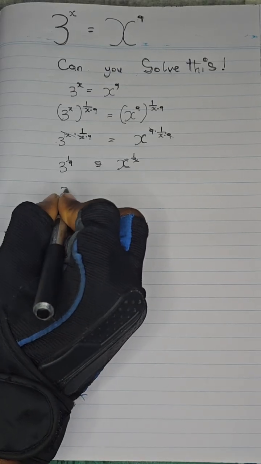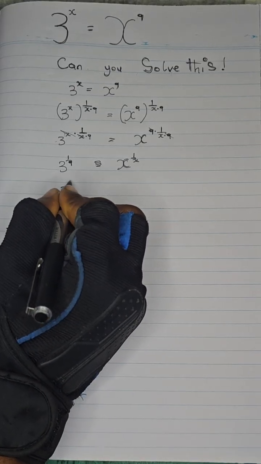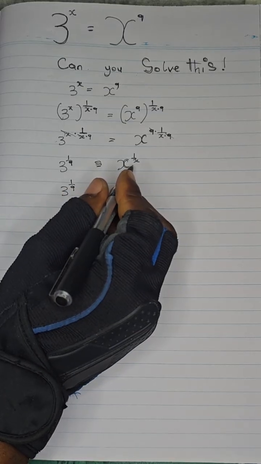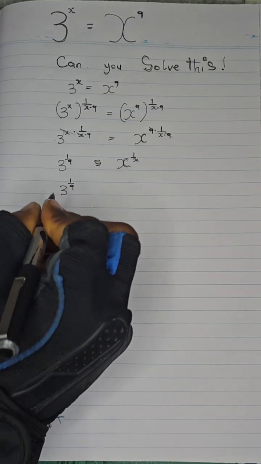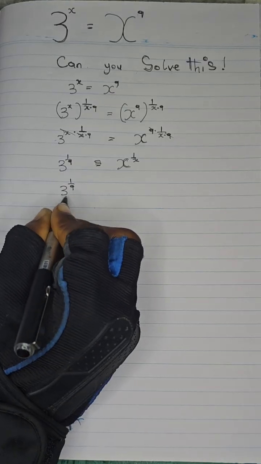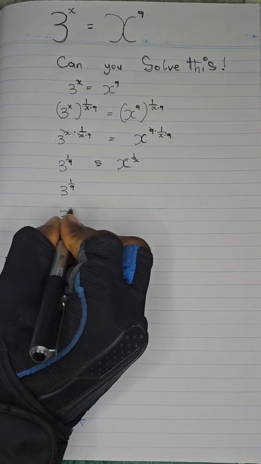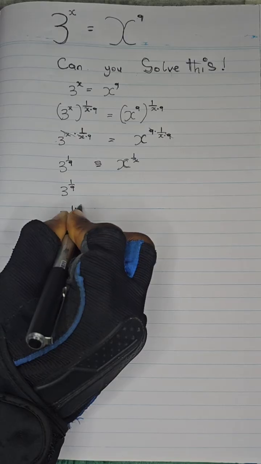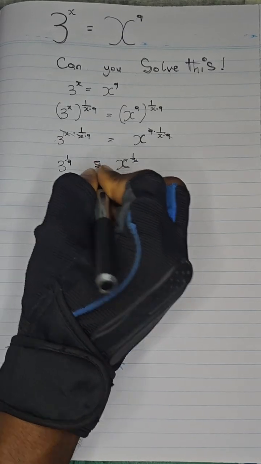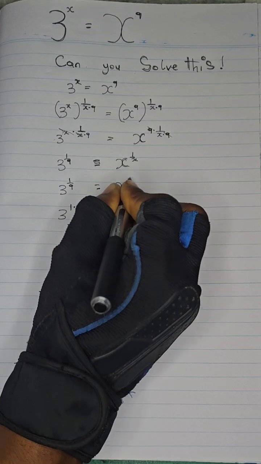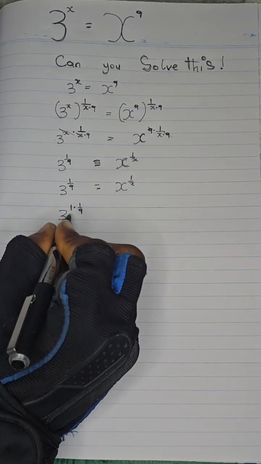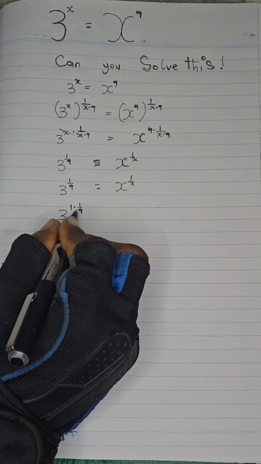You have 3 raised to power 1 over 9. Now we are trying to make this look like this, right? We can also say this is equal to 3. Remember, 1 over 9 times 1 is still 1 over 9. So I will do 1 multiplied by 1 over 9. It's equal to x^(1/x). So 3 over 3 is still the same thing as what? 1.